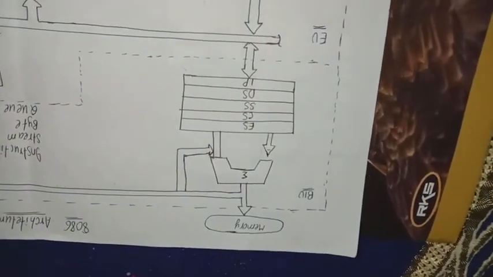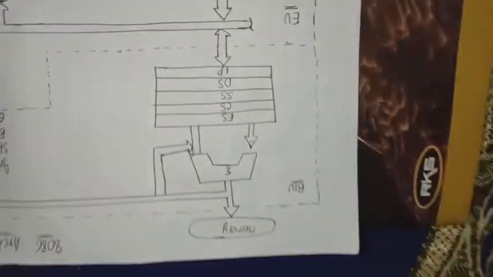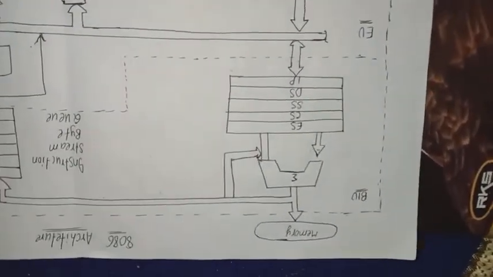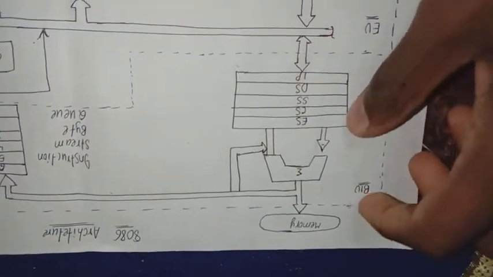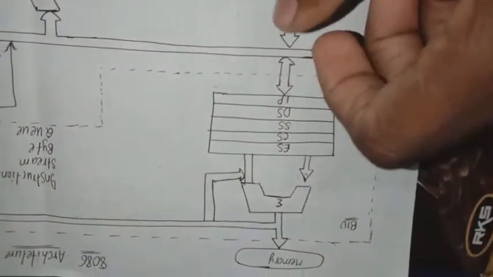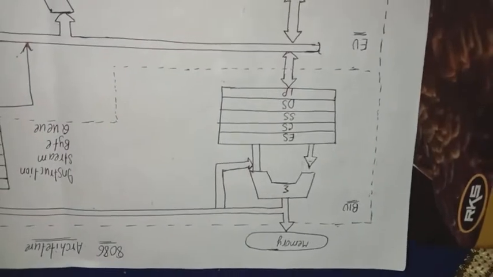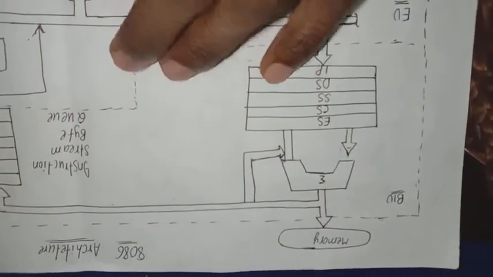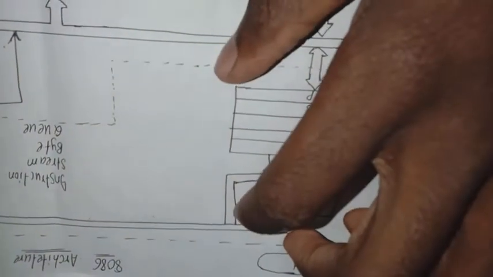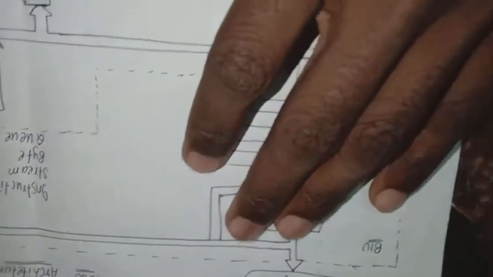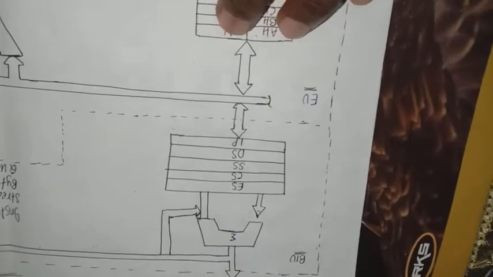What is pipelining? Pipelining means, you can see they are divided into two parts. This is what is called pipelining. Because of pipelining, this unit fetches the data, and its work is to fetch the data, and the other's work is to execute the data.